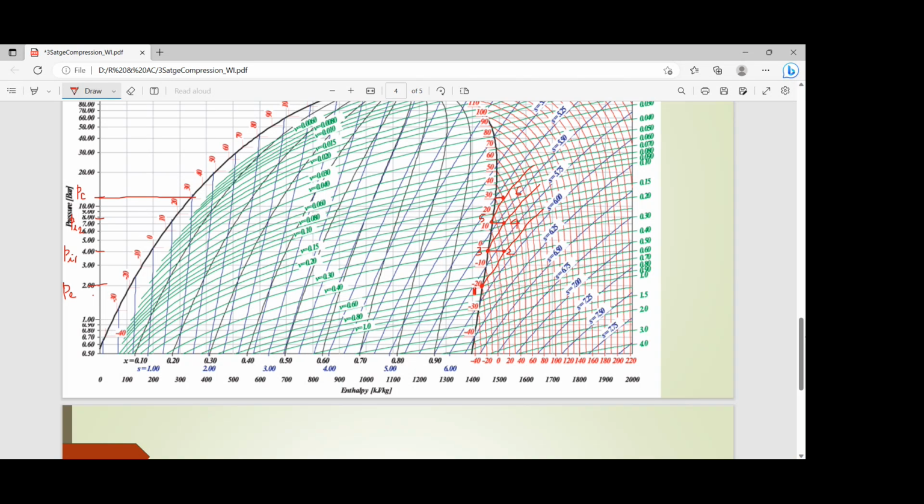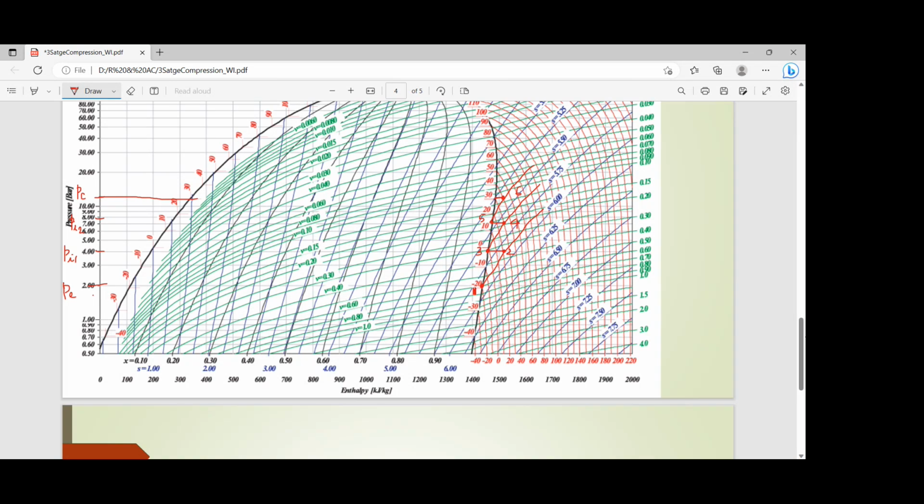Let's say this. It is supposed to be, oh, that's very low. So this is my 12 bar line over here.